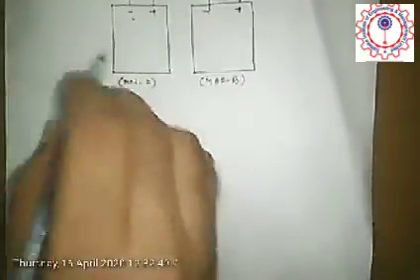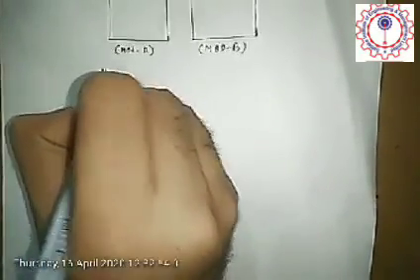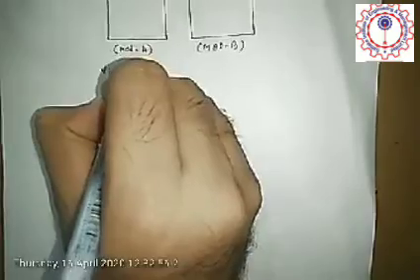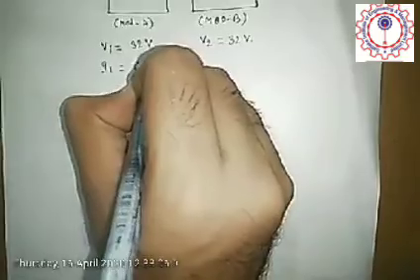In that condition, assume V1 equals 32 volt and V2 equals 32 volt, and I1 is 6 amp and I2 is 6 amp.